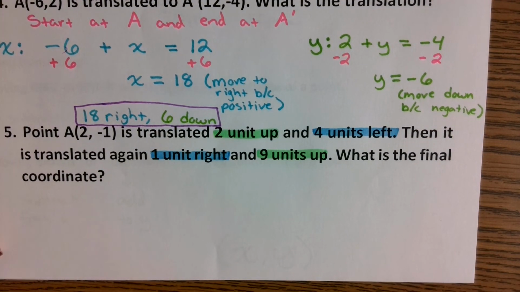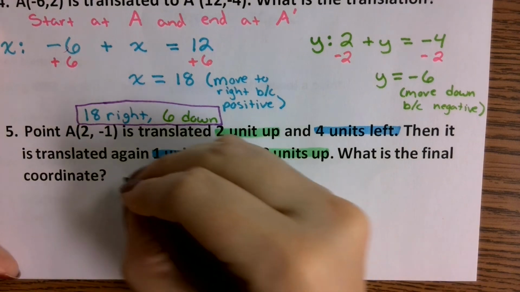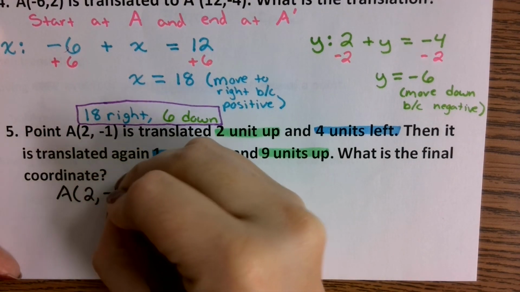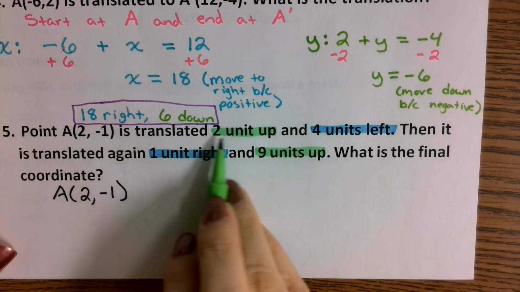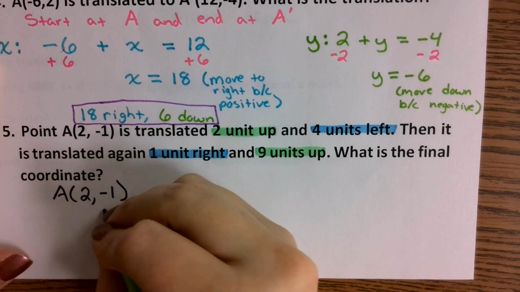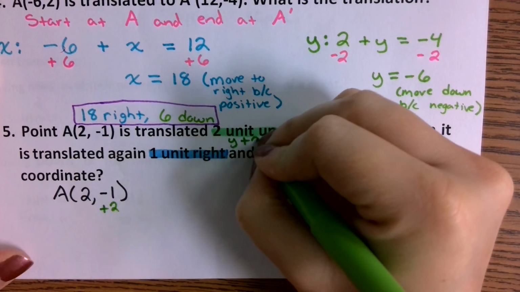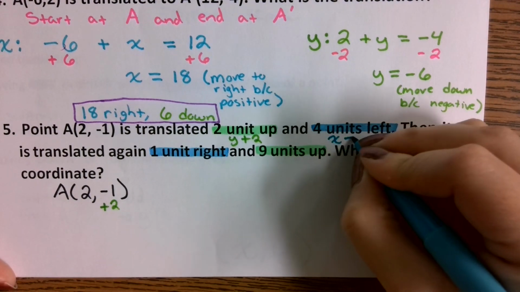Okay, so for here, if I'm starting at the point, and I'll go ahead and write my point in black real quick. If I'm starting at the point 2 and -1, my first transformation with going 2 units up means I'm going to add 2 to the y. I'm going to take this y value and add 2 to it. And then I'm going to take this x value and go to the left, which means I'm going to subtract.